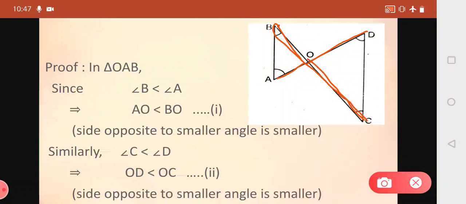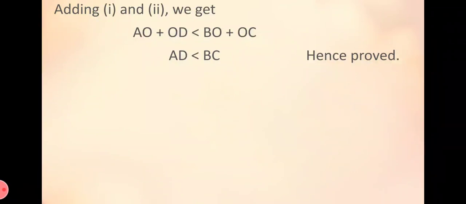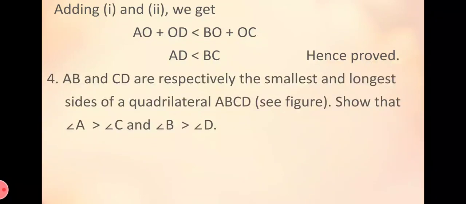Here this is our BO plus OC. The whole line we will get BC. Now AO plus OD will become AD, and similarly BO plus OC will become BC. That is, AO plus OD is AD, so we write AD is less than BO plus OC, that is BC. So we write AD less than BC. Hence proved.